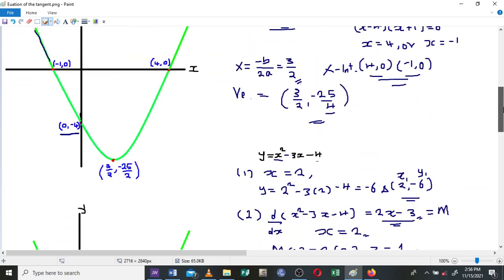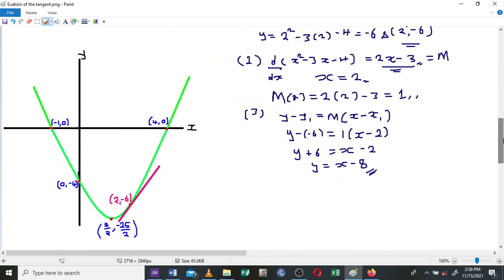We have the point 2 comma negative 6 where we have a tangent, the pink line which you can see. Now we want to find the equation of the normal line to the tangent. Remember, a normal line is perpendicular to the tangent line, and that gives you an idea of what you're supposed to do.